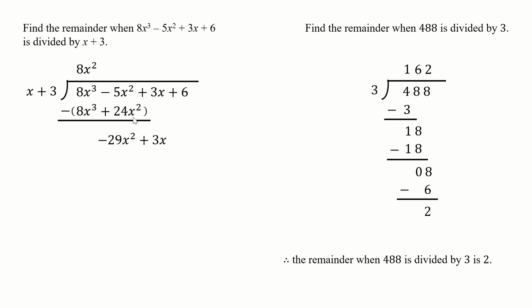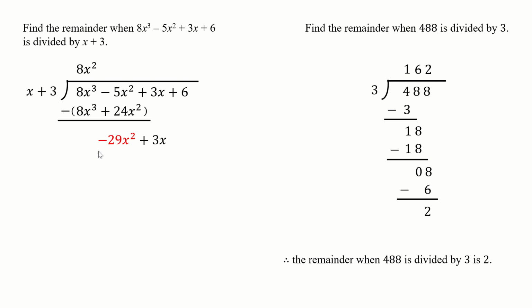Just now you realize that I didn't pay attention to negative 5x squared when considering this algebraic term, because I'm just focusing on ax cubed. I want to get rid of ax cubed. Of course I get some x squared term, which is not surprising. This is the next thing I focus on, the negative 29x squared. I'm not going to focus on the plus 3x at the moment.